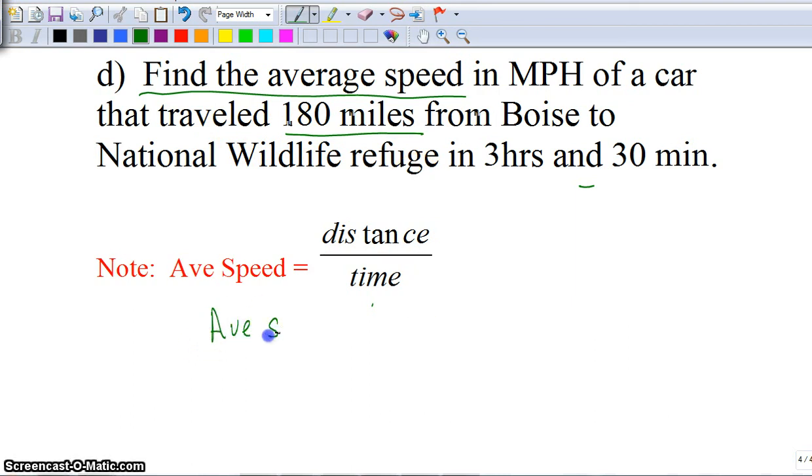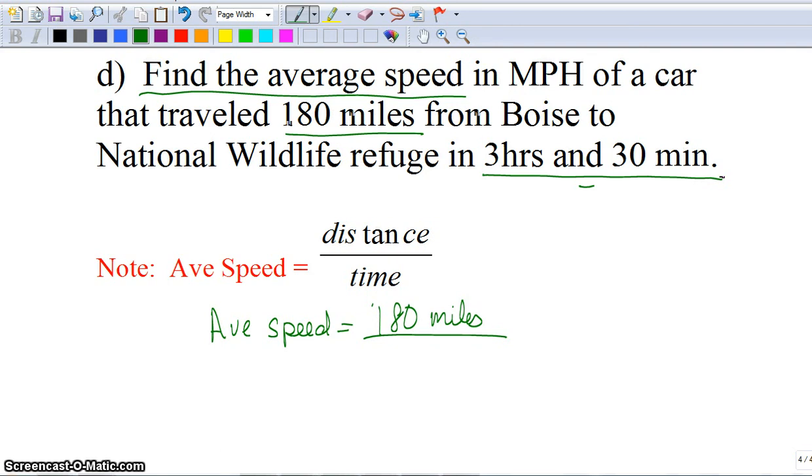So I know that my average speed is going to be 180 miles divided by, oh, my time is 3 hours and 30 minutes. Now this is where I really need you to slow down and pay attention, because notice that I have hours and minutes. I need to get that down to 1 unit.